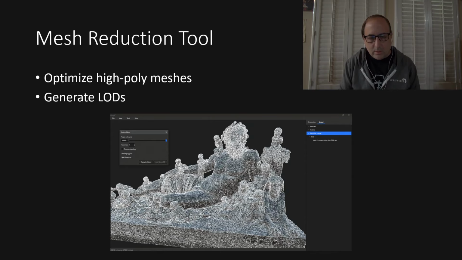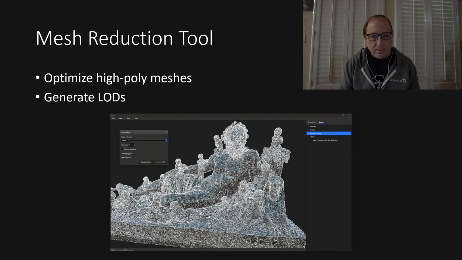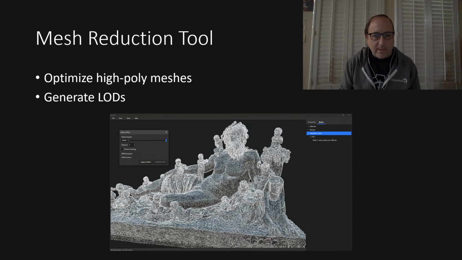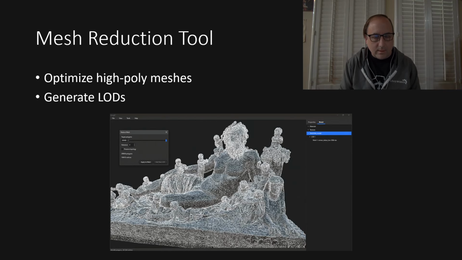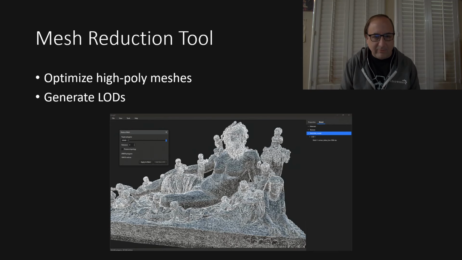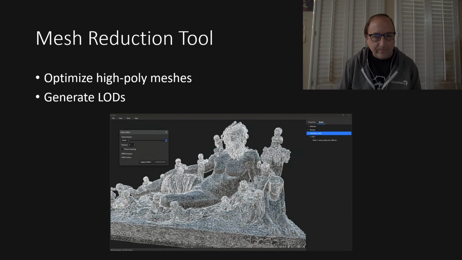It does a really good job of turning high poly geometry into things that are suitable for real time, and you can also use it to generate LODs very quickly. Something that used to take several days to create all your LODs can be done in a few minutes. So this is a huge time saver.